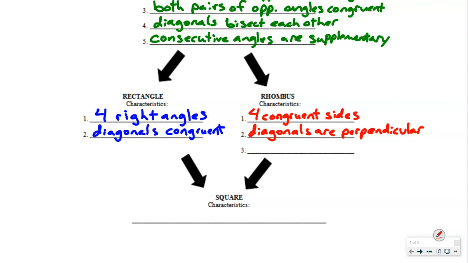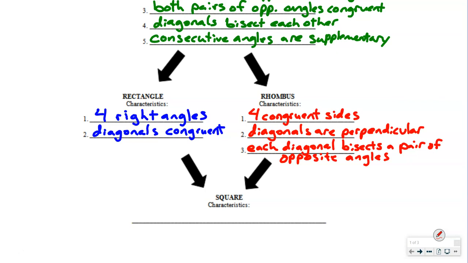And then also, each diagonal bisects a pair of opposite angles.